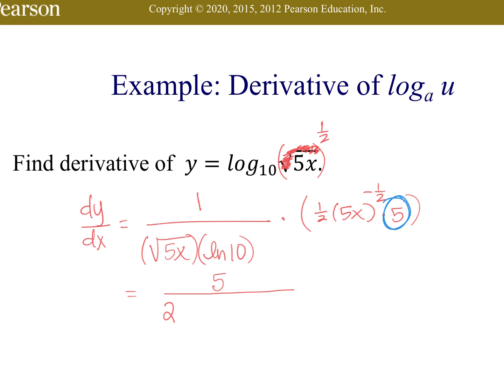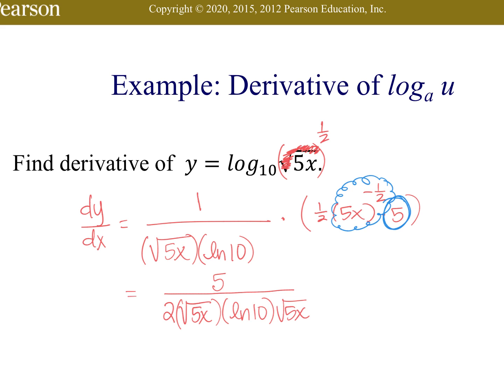Okay, my denominator is going to have the rad 5x. It's going to have the ln 10. But what else is it going to have in the denominator? Another rad 5x. Where's that coming from? It's coming from this one. That will be a second rad 5x. So now I have 2 quantity rad 5x's in the denominator.